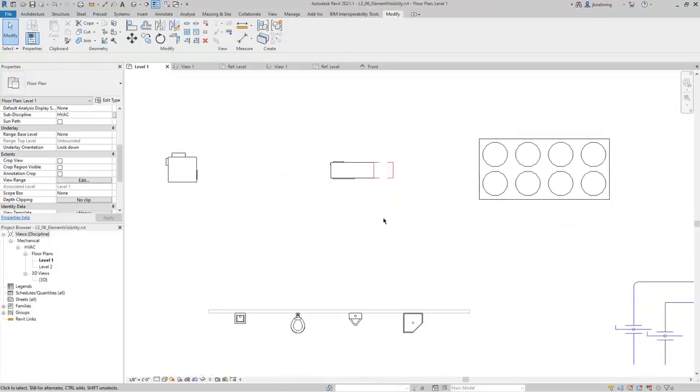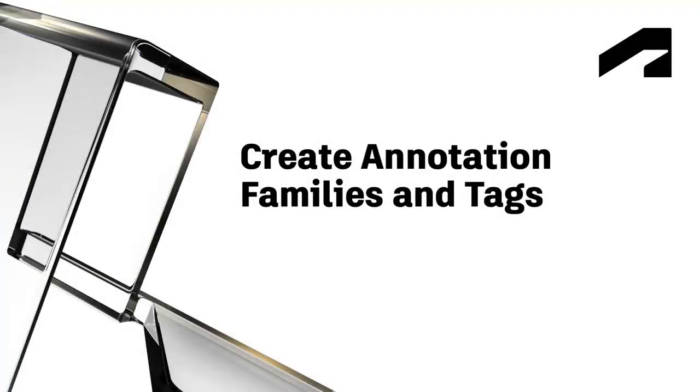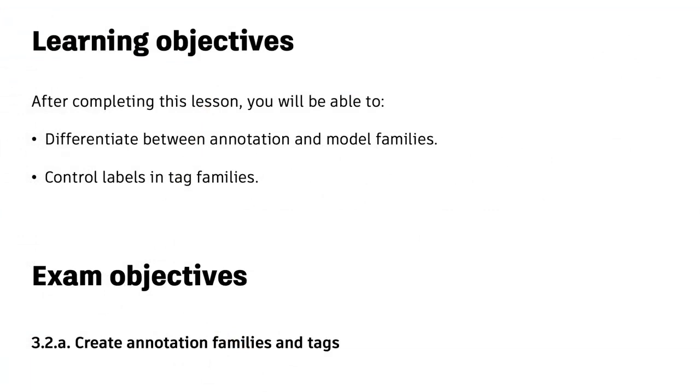So, subcategories and visibility parameters are a great way to also help you control the visibility and graphic display of family geometry. In this video, we will cover differentiating between annotation and model families and controlling labels in tag families.